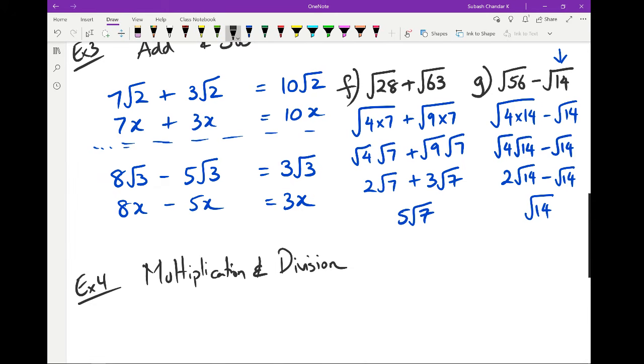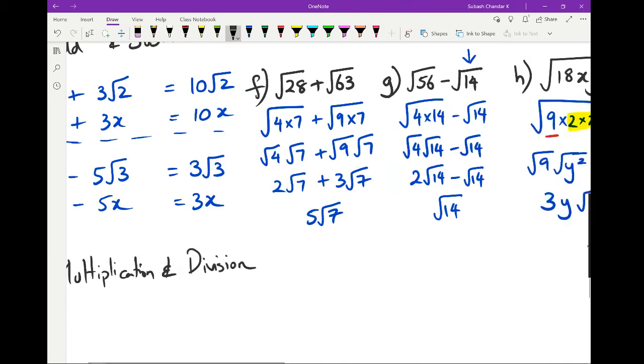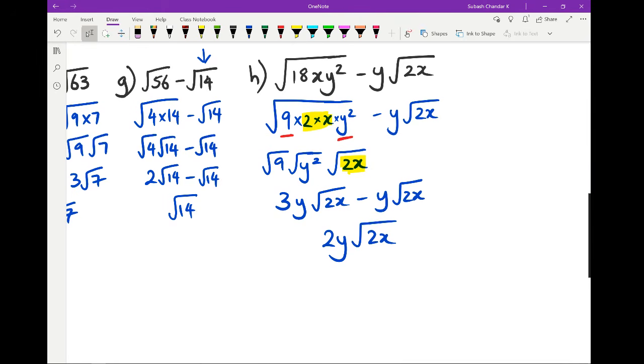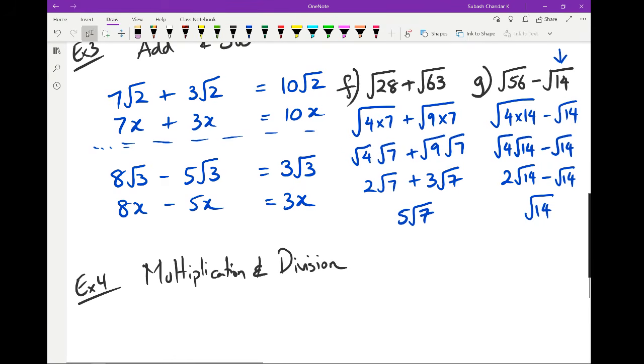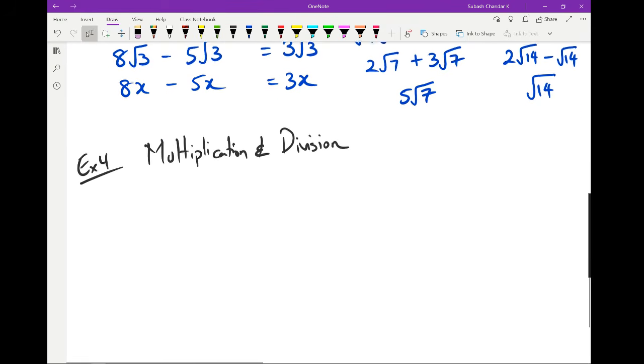I'm going to come back. We can come back to it. The second part. That's all right. I'll come back to that question, Ravesh. So, guys, multiplication and division.